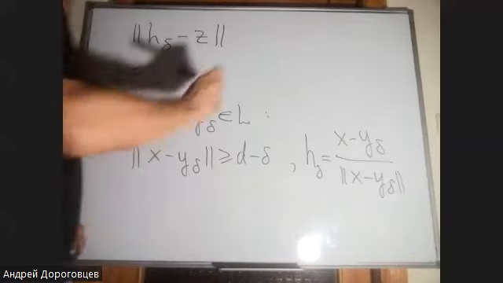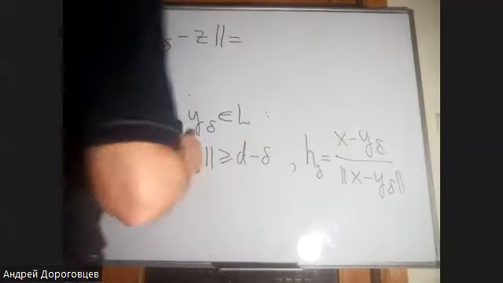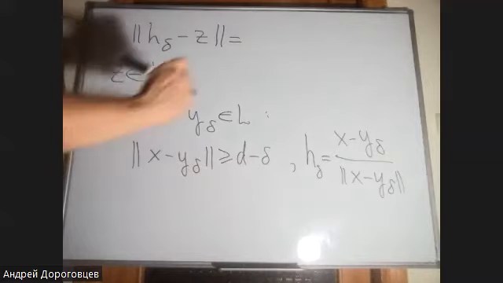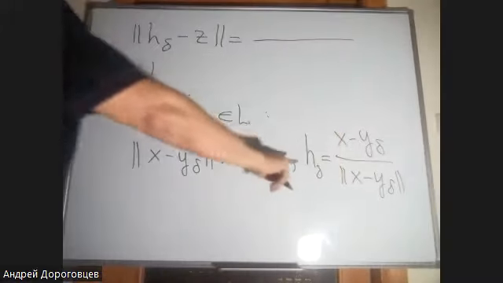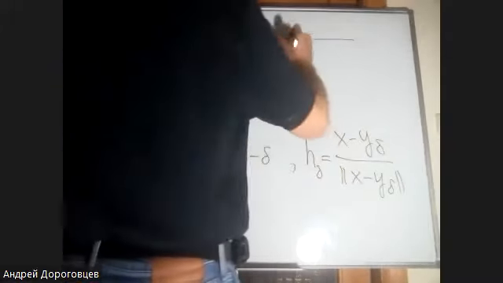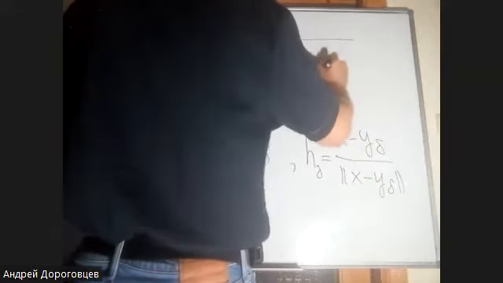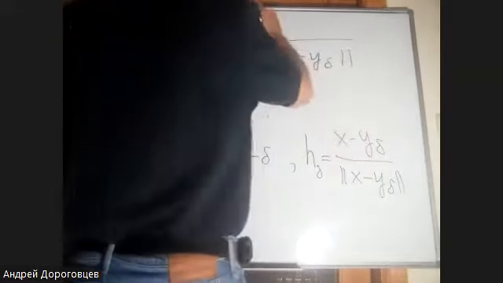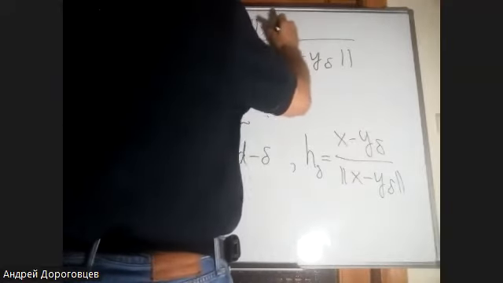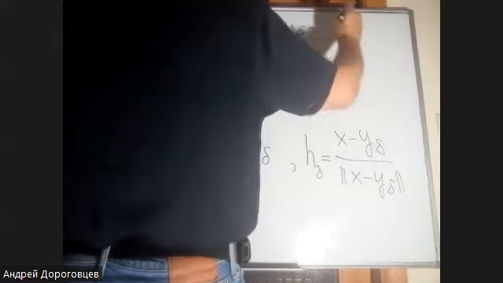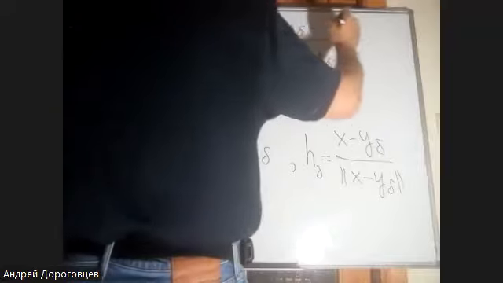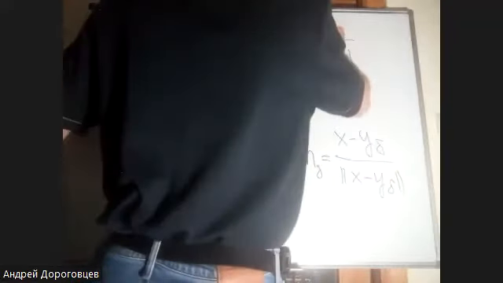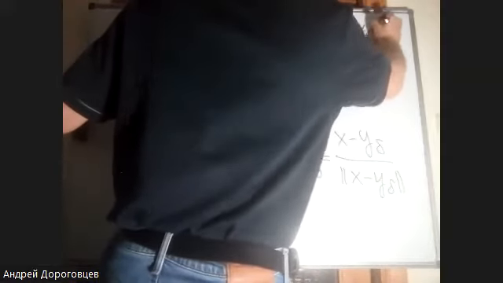Then what do we have? One can conclude that it is equal to, I just use this norm in the denominator, x minus y delta, and here we have the norm of x minus y delta minus z multiplied by the norm of x minus y delta.